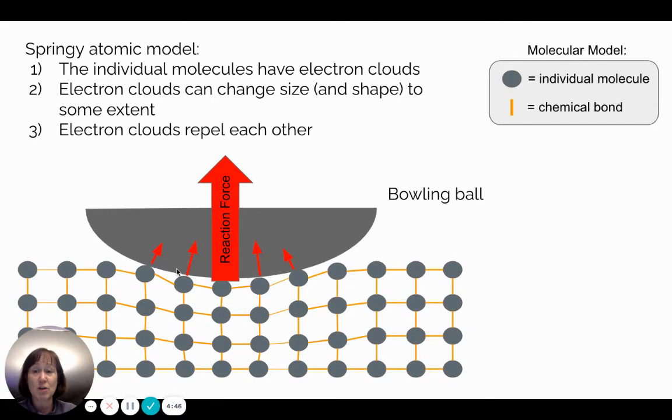So the electrons on the edge of the bowling ball are repelling the electrons on the top of the table. And so I don't show it with my bowling ball, but the electrons basically squish up to try to get away from each other. They can never touch each other. And so as the electron clouds of the table, or the molecules on the table, get closer to each other, they repel. And so these red lines show the direction of the repelling, and they all add up to be the reaction force or the normal force.